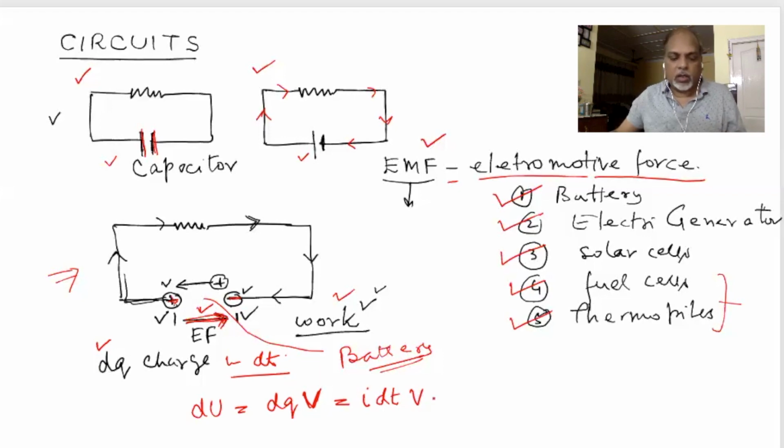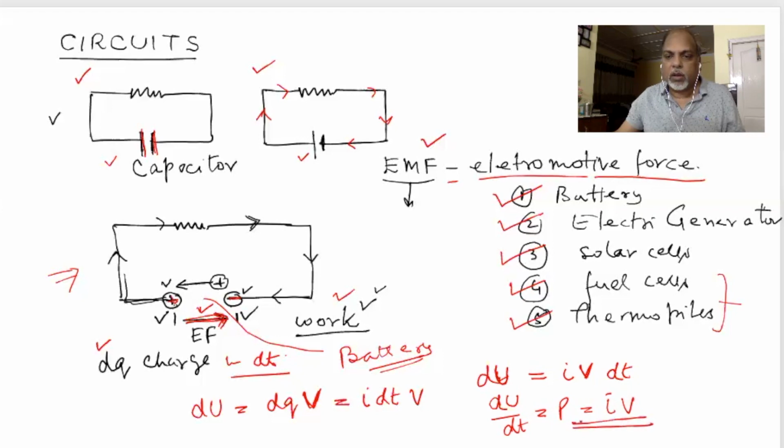So dU upon dt is nothing but your power, which is I into V. Correct.